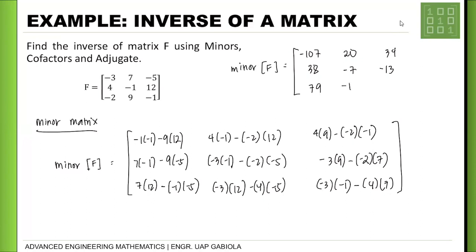Okay, negative 16. Then last, we have negative 3, negative 1 minus 4 times 7. So negative 25. Okay? So, ito yung answer natin for minor.